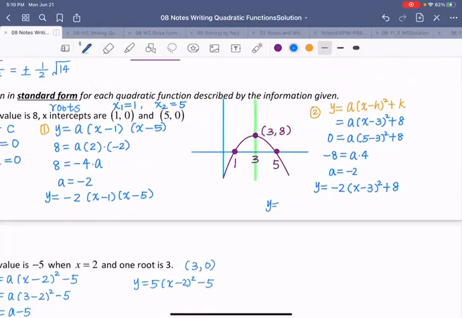So y equals negative 2. Kyle, tell me, this guy squared equals how much? It's going to be x squared minus... minus 3. Look, this is a squared.